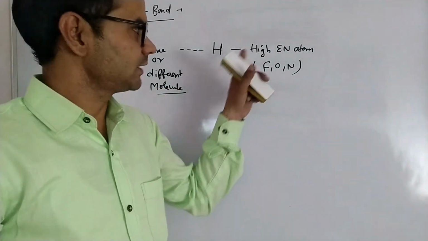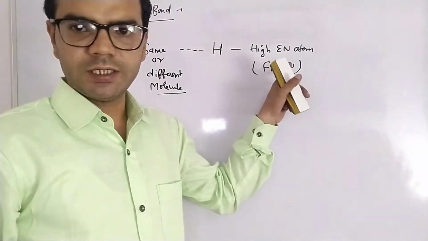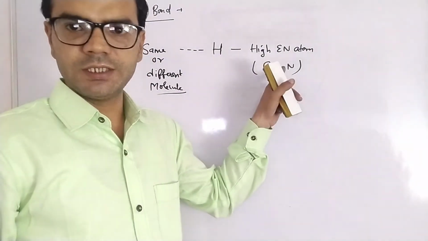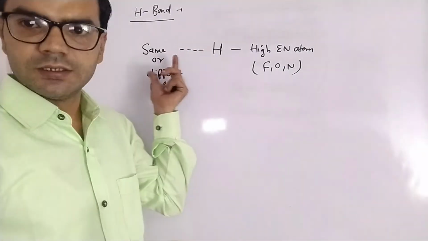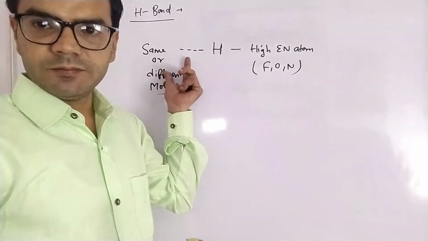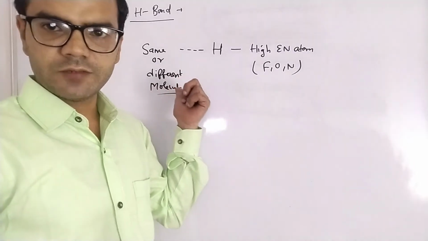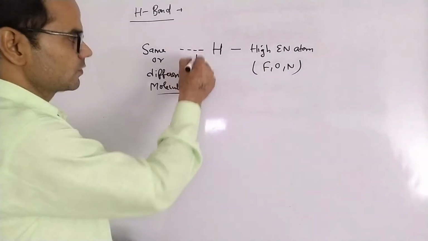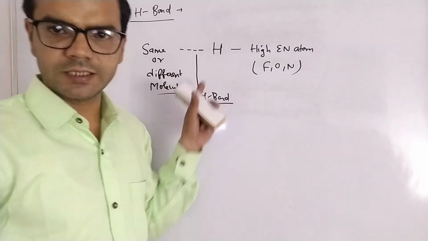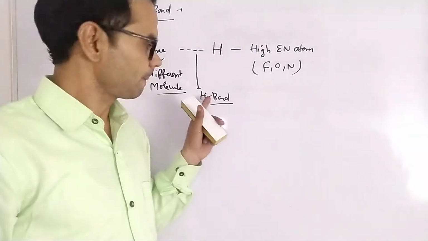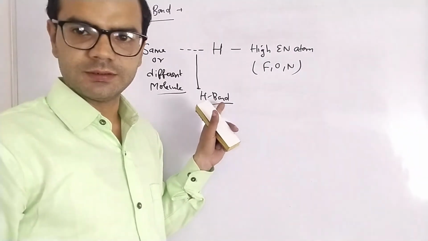When hydrogen is attached with a highly electronegative atom and it is covalently bonded, then it forms a weak electrostatic force of attraction with the electronegative atom present in the same molecule or a different molecule. This weak electrostatic force of attraction is called a hydrogen bond.